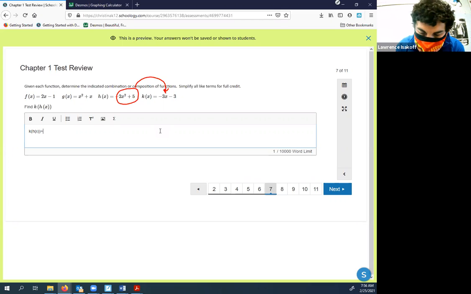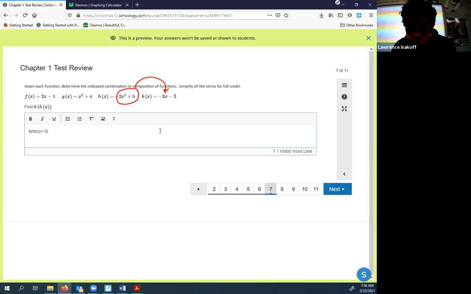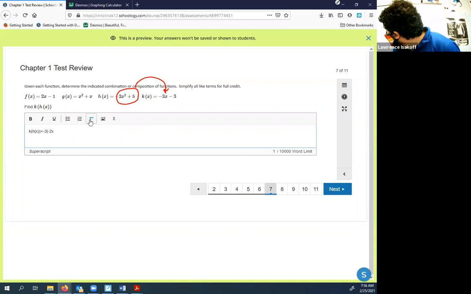So that's going to be negative 3. Then I see my x. The x gets replaced with this whole thing: negative 2x squared plus 5. Close parentheses, that says minus 3, so minus 3.